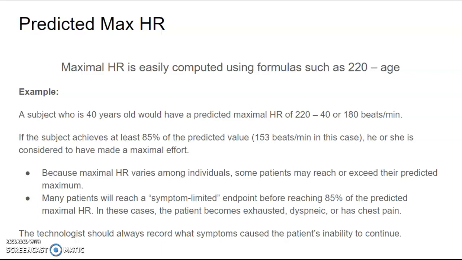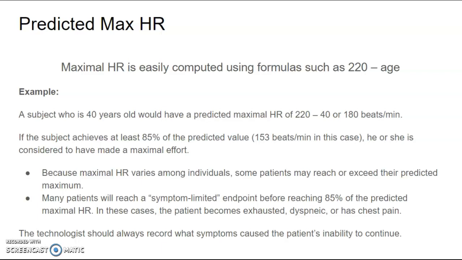A couple other important notes. Because maximal heart rate varies among individuals, some patients may reach or exceed their predicted maximum. Many patients won't achieve 85% of their predicted heart rate. In this case, we will identify that the patient was symptom limited.